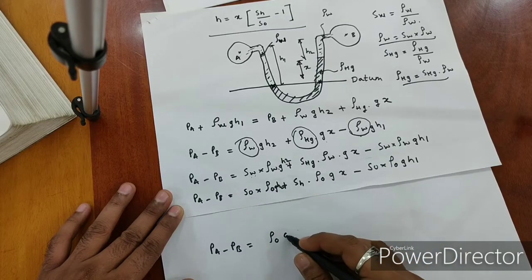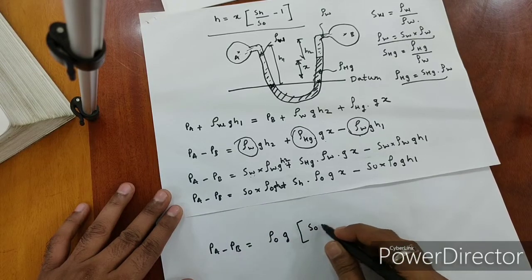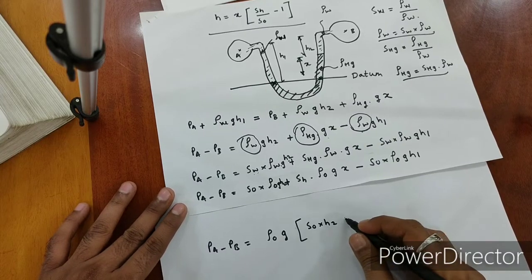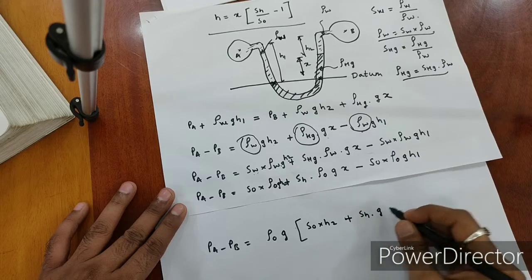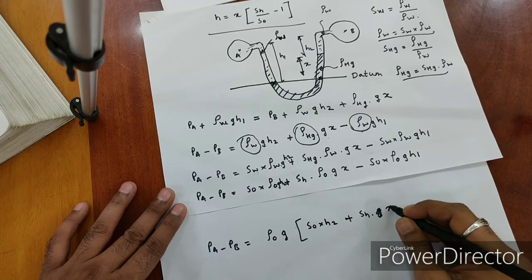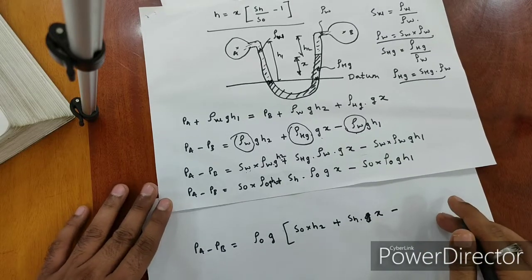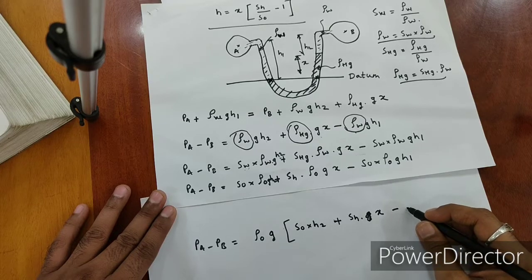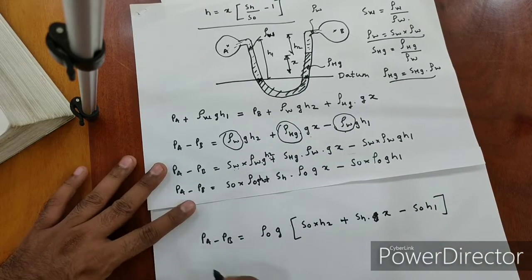On the right hand side of the equation, rho O G is common. So you get SO into H2 plus SH x minus SO H1.